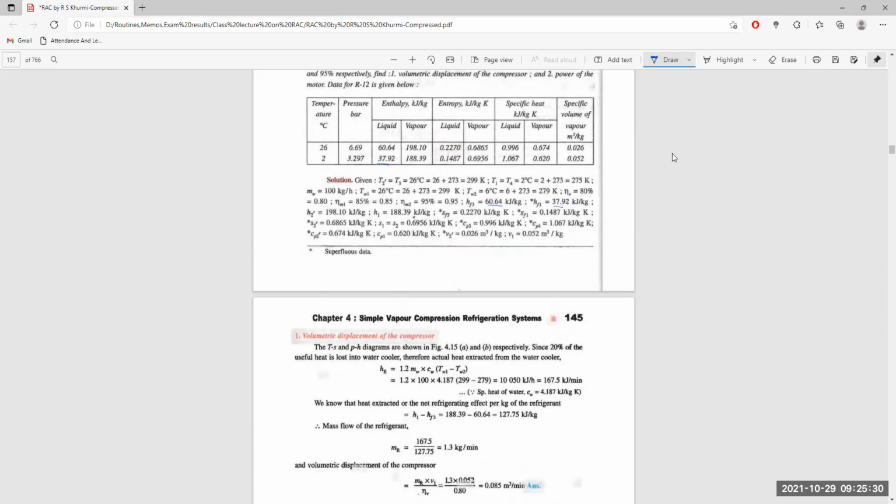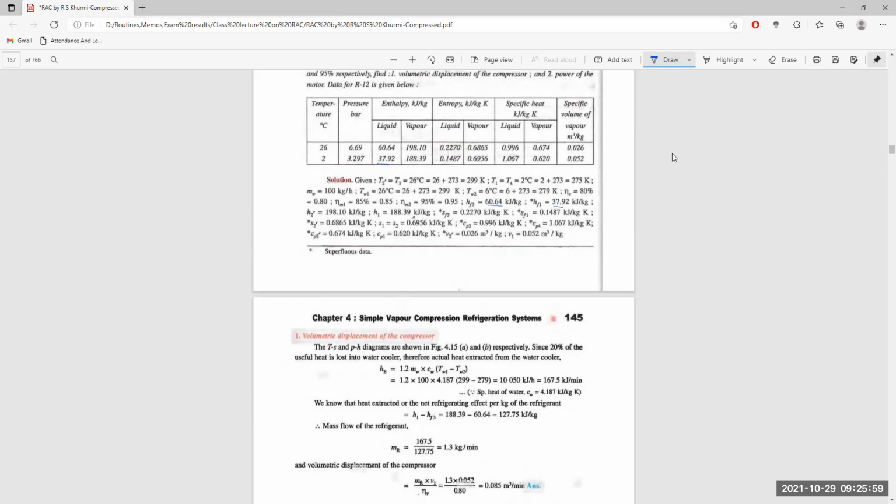Next comes h2 dash, which is the enthalpy of the refrigerant at the saturated vapor stage, on the saturated vapor line, corresponding to the condensing temperature of 26 degrees centigrade.